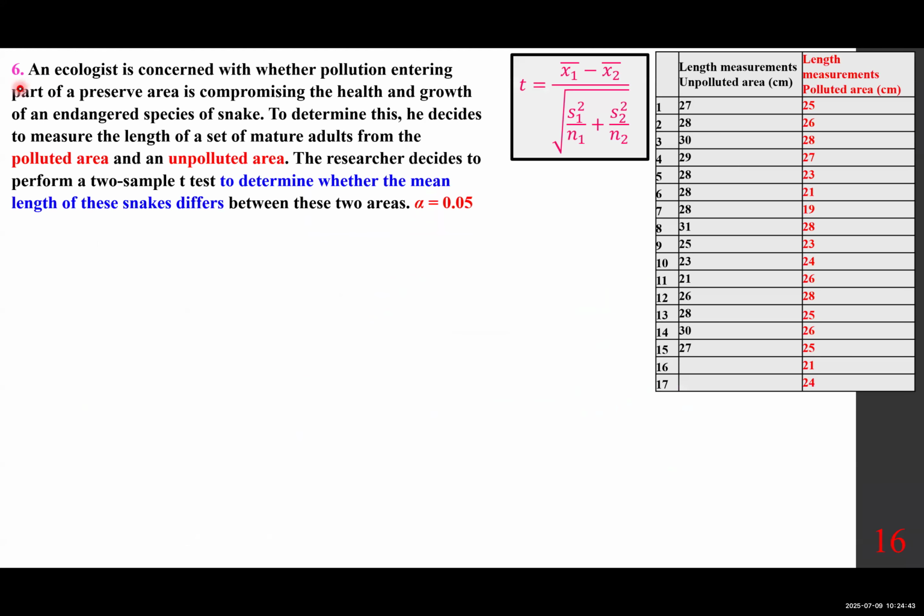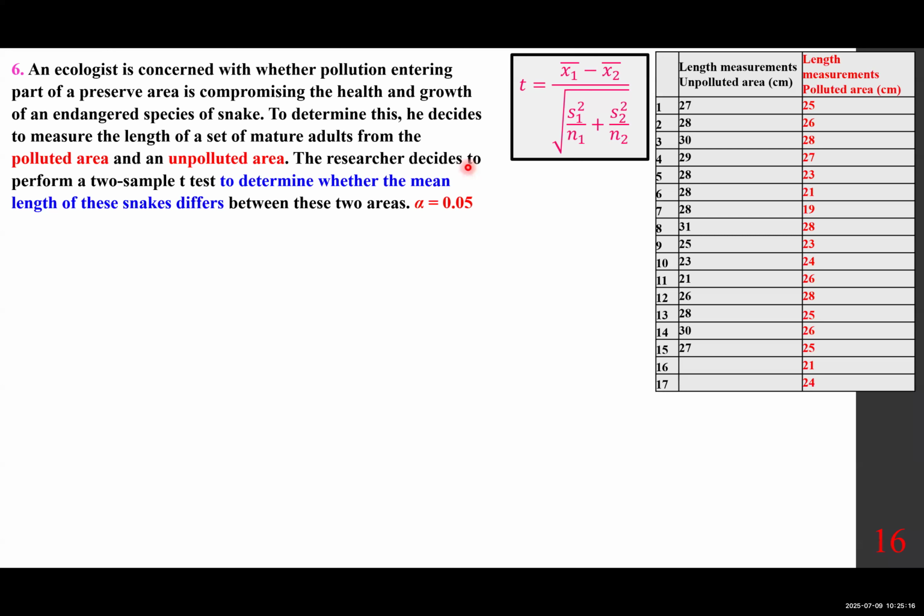All right. An ecologist is concerned with whether pollution entering part of the preserve area is compromising the health and growth of an endangered species of snake. To determine this, he decides to measure the length of a set of mature adults from the polluted area and unpolluted area.